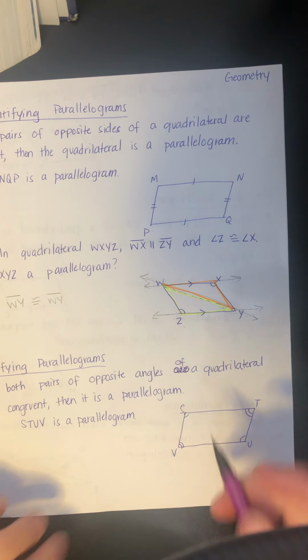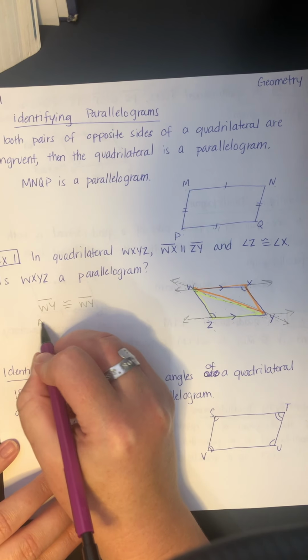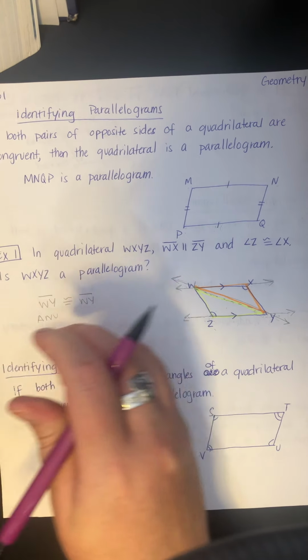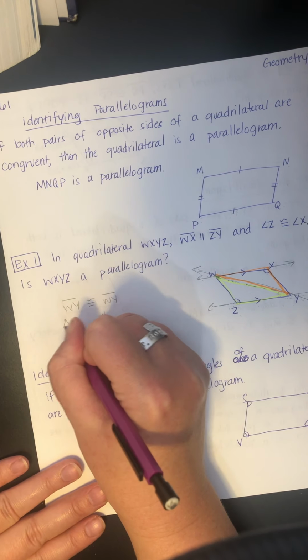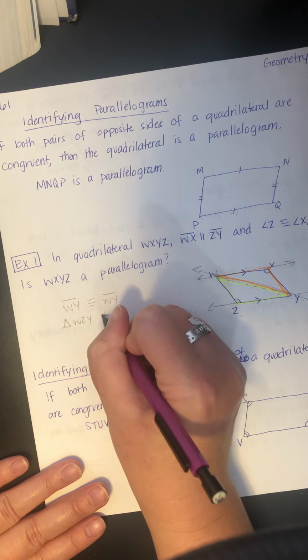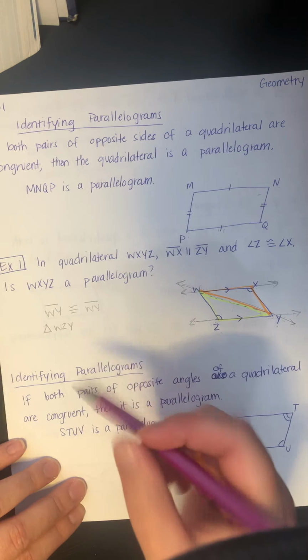So we can say that these two triangles, WZY, wow, sorry guys, that looks like an A. Triangle WZY, we can say that it's congruent to triangle WXY.